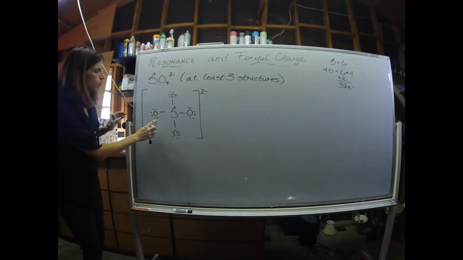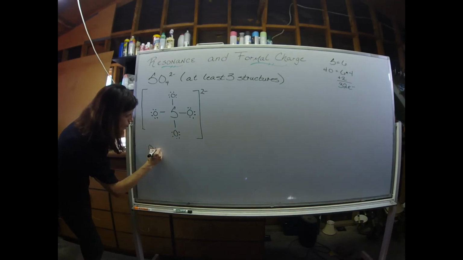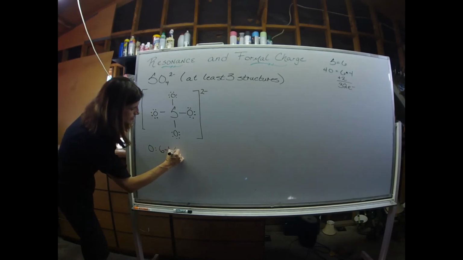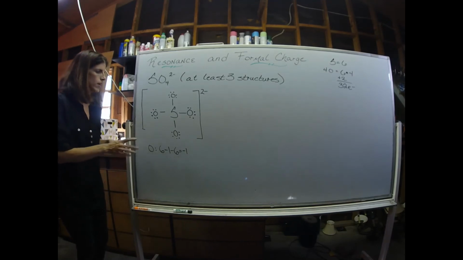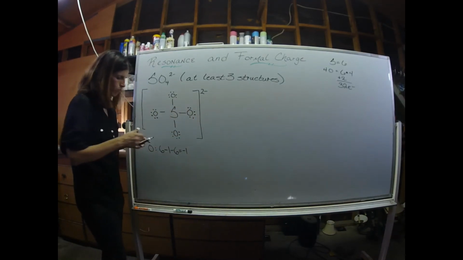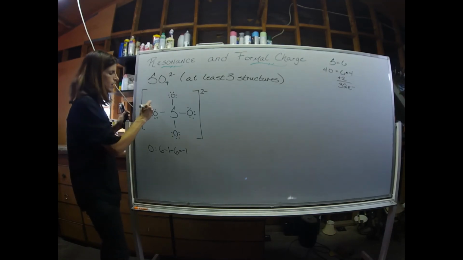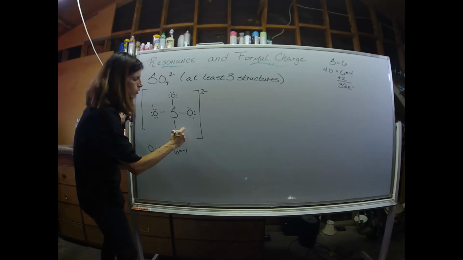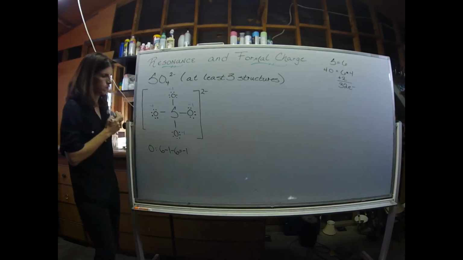So on one of these oxygens, we have a group number of 6 and 1 line and 6 dots. So that's going to give us a formal charge of -1. They all have formal charges of -1. That's not always going to be the case, but they're all connected to sulfur the same way with the 1 bond and the 3 lone pairs. So we have a whole bunch of -1s.